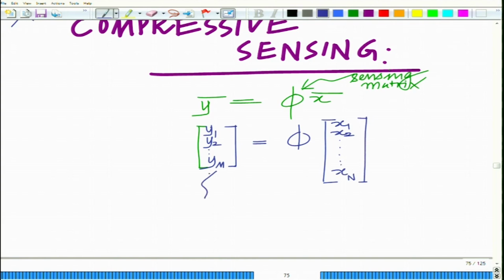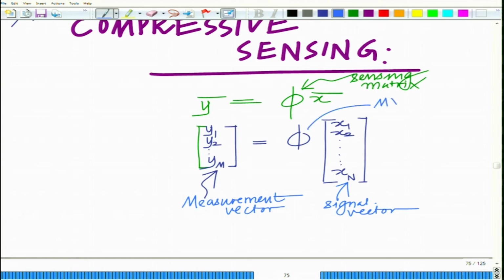This is your measurement vector, this is your signal, and this is your sensing matrix, an m cross n matrix, where m is less than or equal to n, that is, we make significantly fewer measurements, m is significantly lower than n.